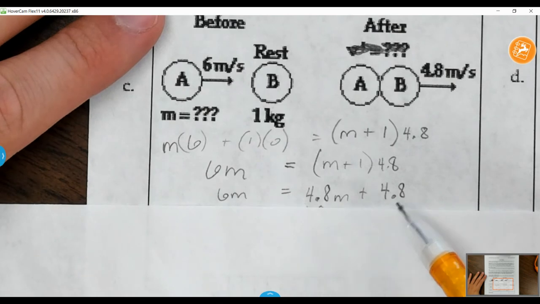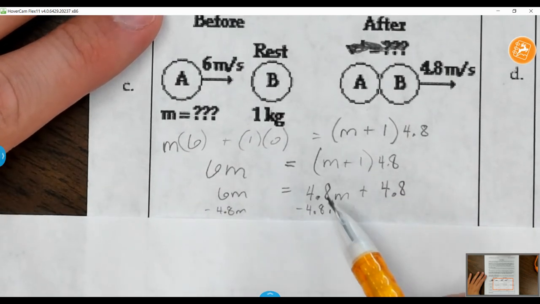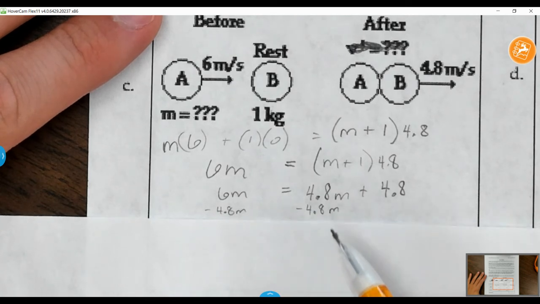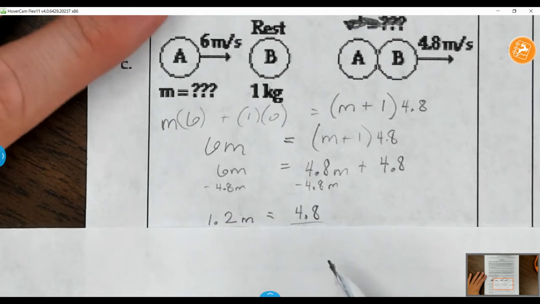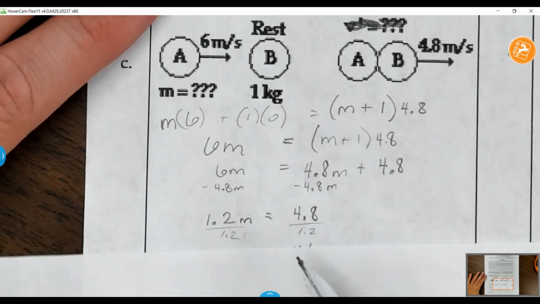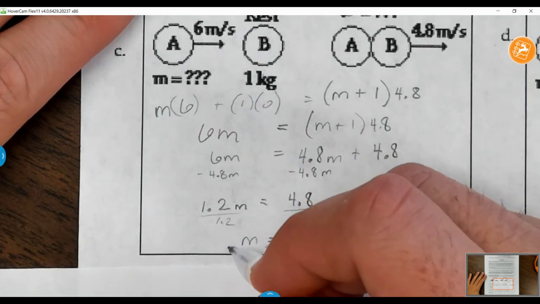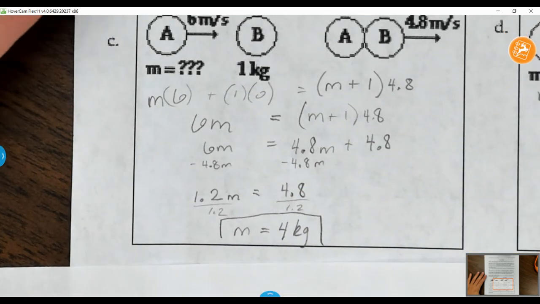So this is what we're left with. Got to get the m's on the same side of the equation, so subtract both sides by 4.8m. That's going to leave you with 1.2m equals 4.8. Divide both sides by 1.2, and you're going to get a mass of 4 kilograms.